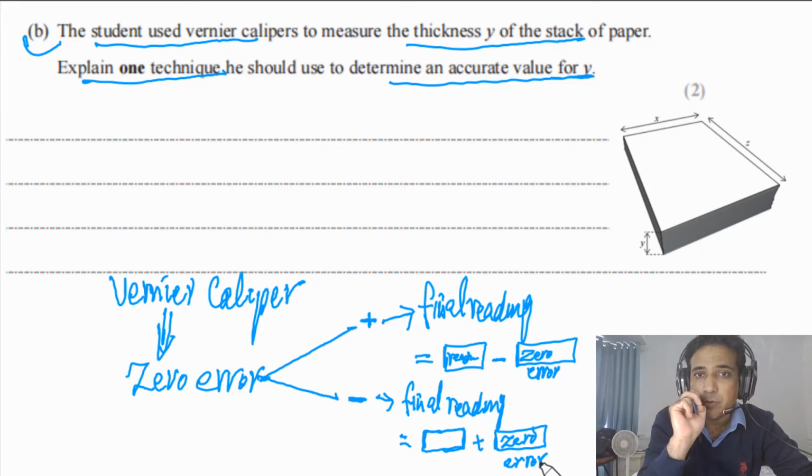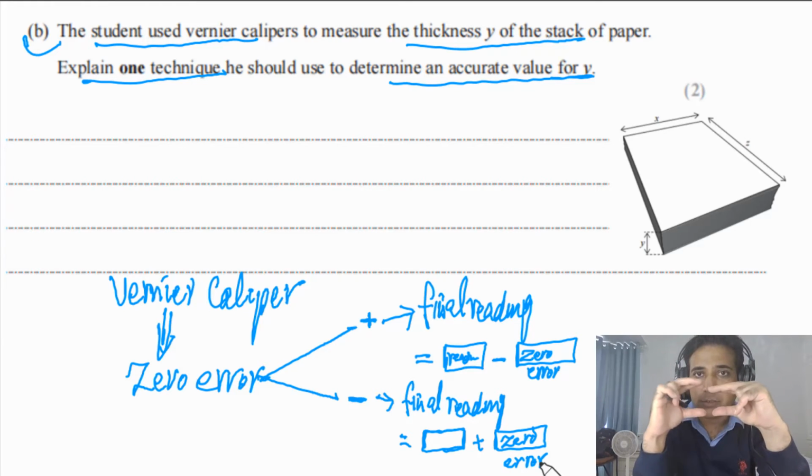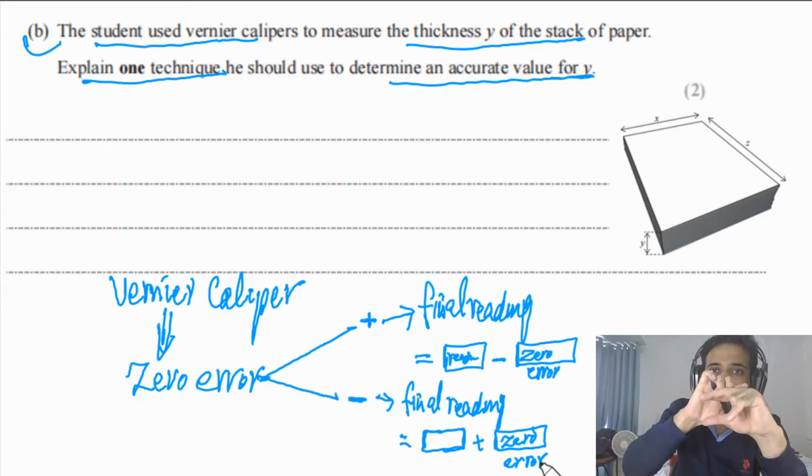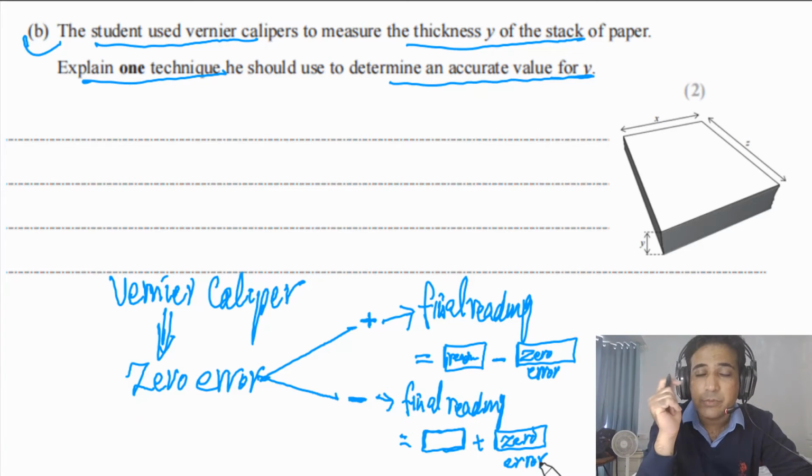The second thing we can do is, as we have the thickness of this stack of papers, we can measure the thickness at different positions and then take the average. For a diameter, you can also measure the diameter at different positions and calculate the average.